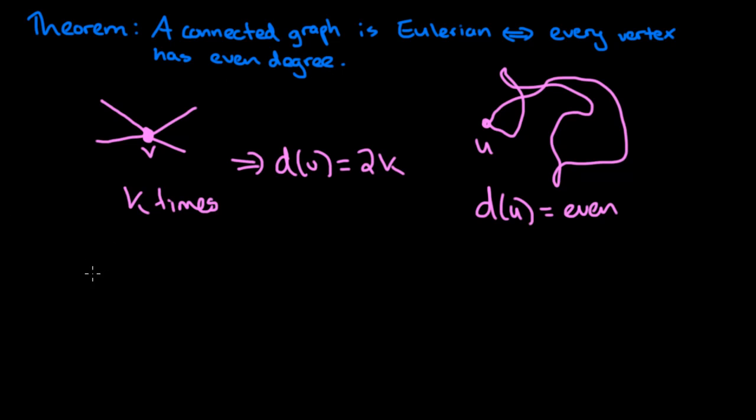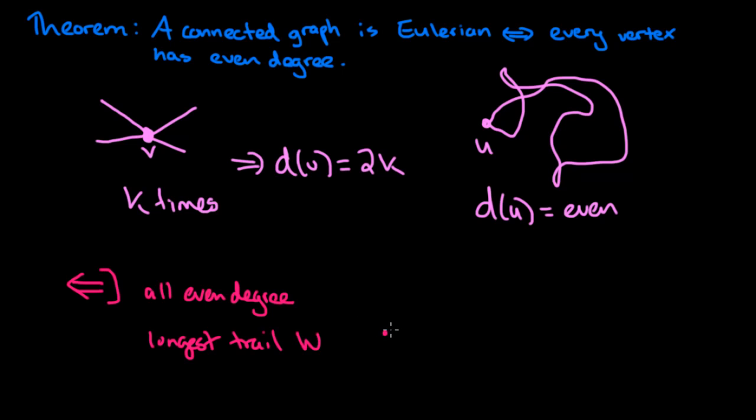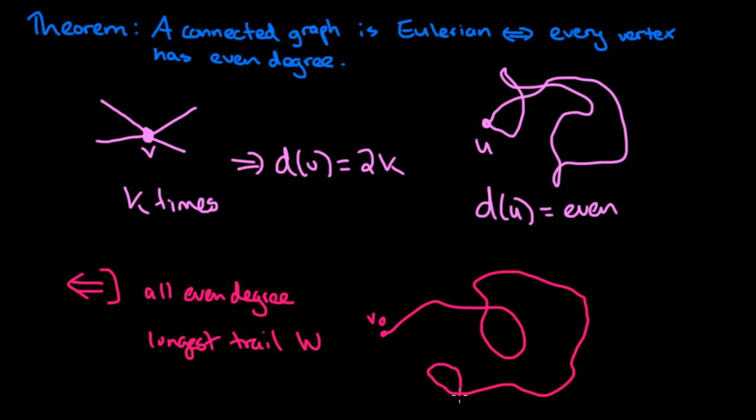But what we can do is take a longest trail, so we have all even degrees. The basic idea is to take a longest trail W, and if you look at this trail, it starts at some vertex and goes along. It might repeat vertices, but it cannot repeat edges, and it ends somewhere, say vertex VL.